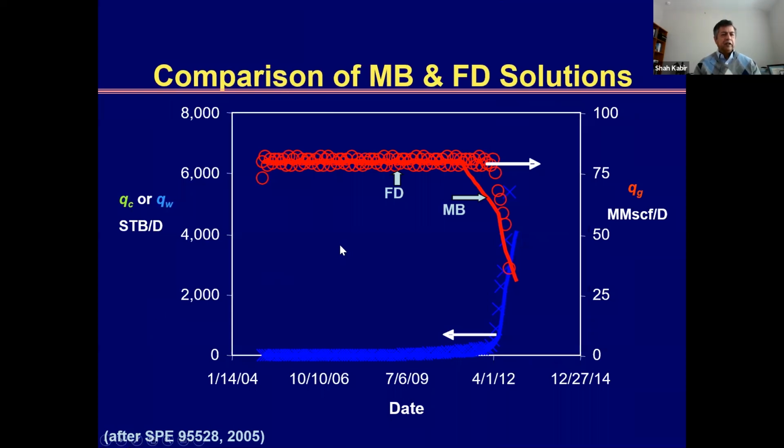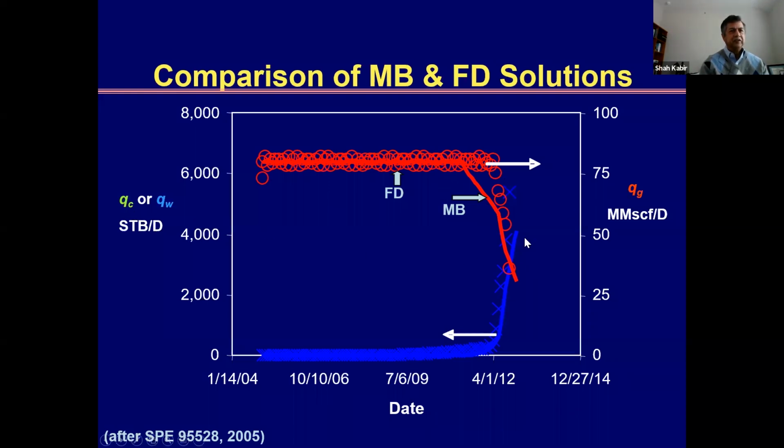So when we get into the modeling, we compared it. This is the finite difference modeling, the red one, the circles, and it obviously includes multiple cells. And if we do the simple single cell model, well, not too bad. Sure, it doesn't go all the way, and the same thing for water. So this is the condensate.